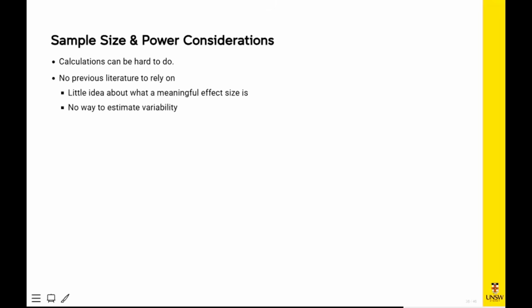You may find that there's not a lot of research into the thing that you're trying to study, so you can't rely on what has been shown in previous research as an interesting or feasible effect. That goes along with often not even knowing what a good estimate of variability is. And so you might get stuck there. What are you supposed to do then?